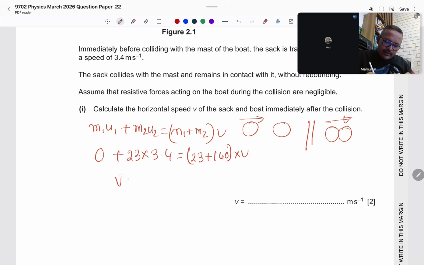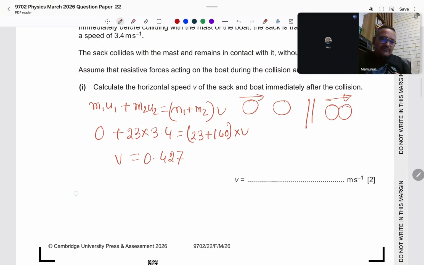If we calculate v, it comes 0.427. If you use the calculator, you get this value.